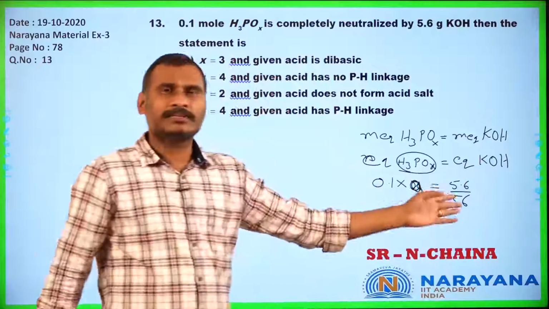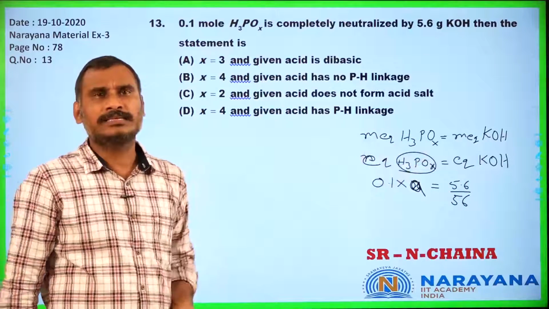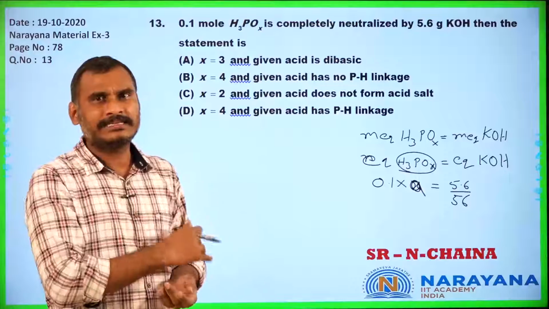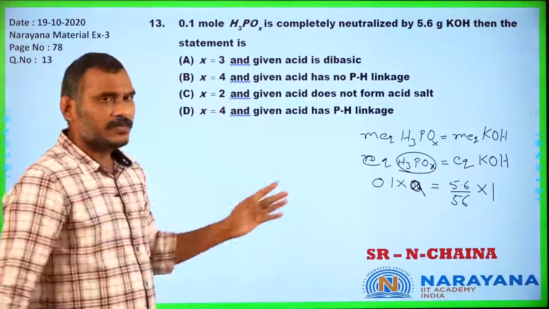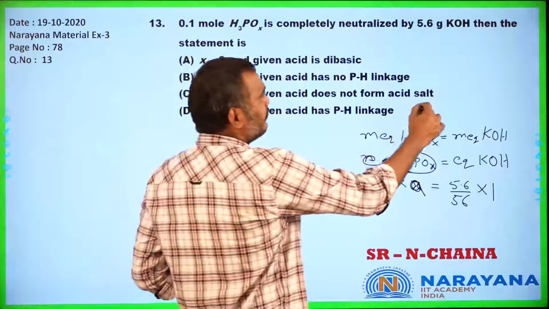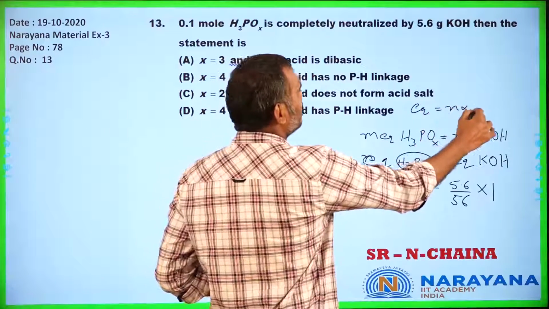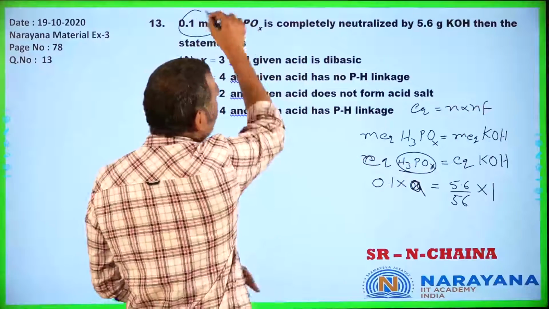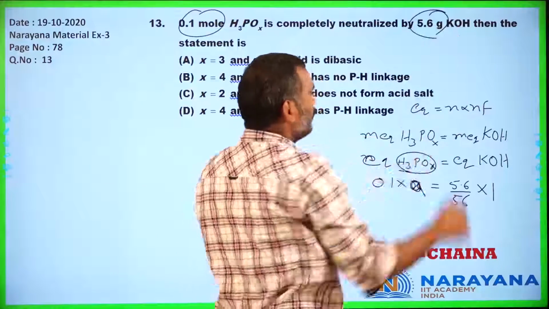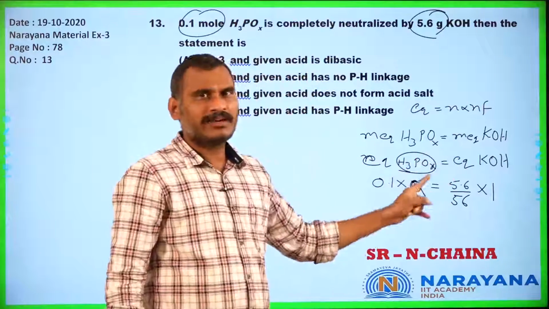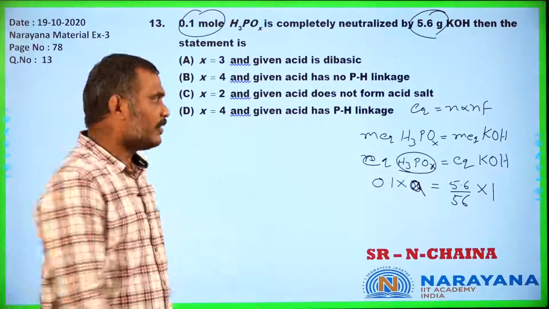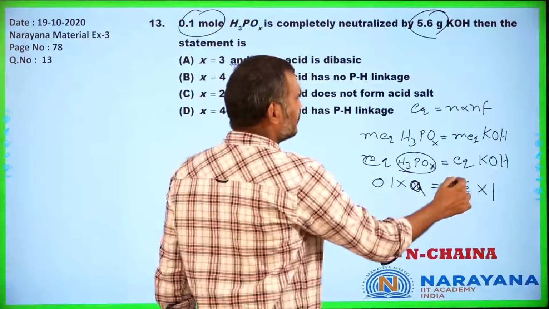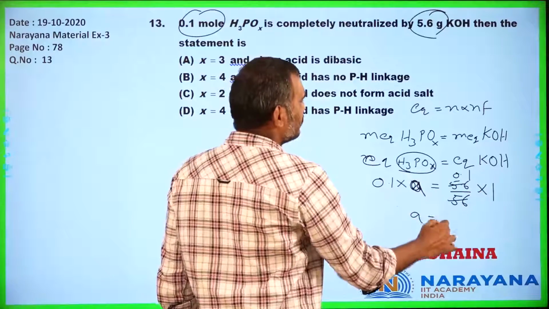Why? Potassium 39 plus 17 is equal to 56, into its n factor 1. Why do I use that formula? Number of equivalence is equal to number of moles into n factor. In this one they gave moles, in this one they gave weight. Weight by gram molecular weight is number of moles, into n factor. So 56 into 0.1, A is equal to 1.